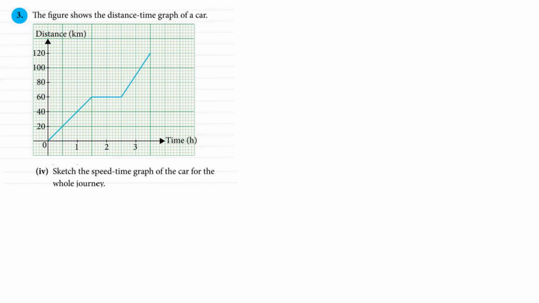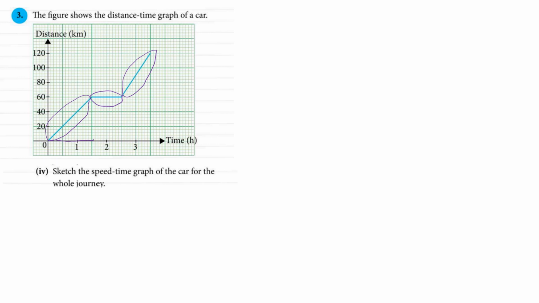We need to find the speed for the first 1.5 hours, this portion here. Then of course for the next 1 hour, the speed is 0 because the car is not moving. There's no increase in any distance traveled, so it's stationary. Therefore the speed is 0. And then for the last 1 hour, it's moving at a constant speed.